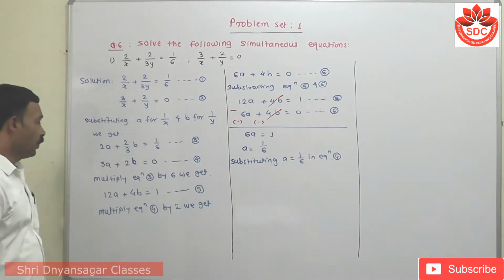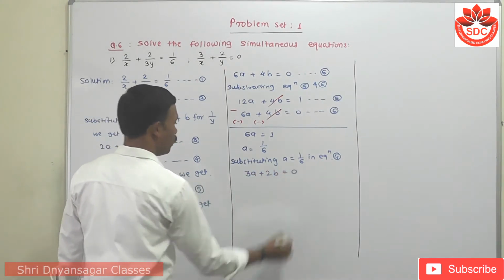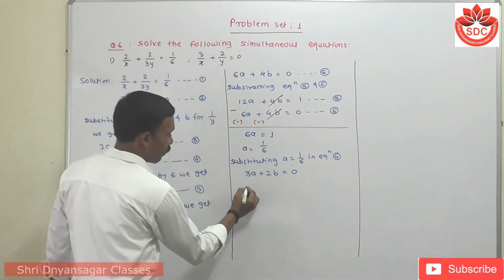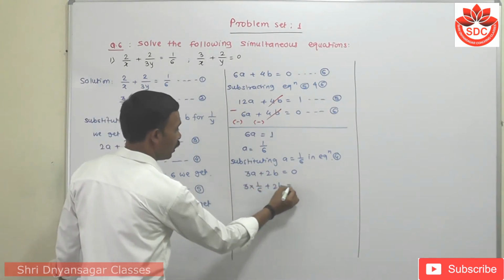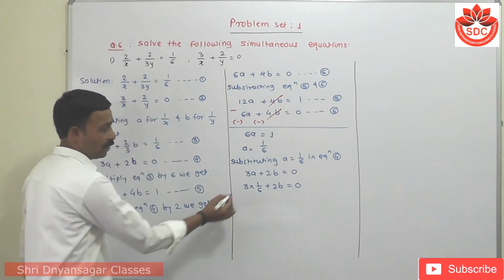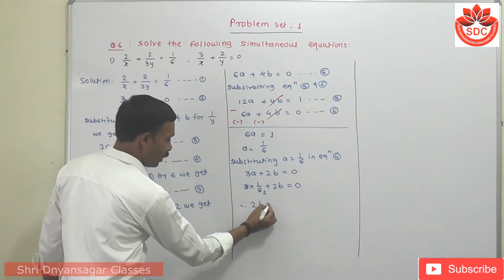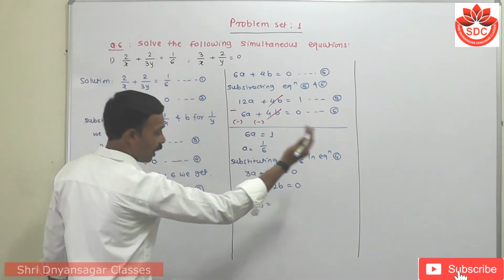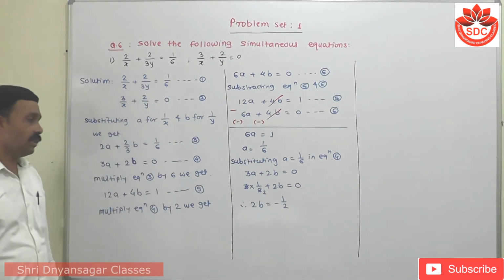Now equation 4 is 3a plus 2b is equal to 0. Put the value of a as 1 upon 6: 3 into 1 upon 6 plus 2b is equal to 0. Then 3 ones are 3, 3 twos are 6. Means I will write 2b is equal to minus 1 upon 2, directly transposed. Can you understand this transposition?